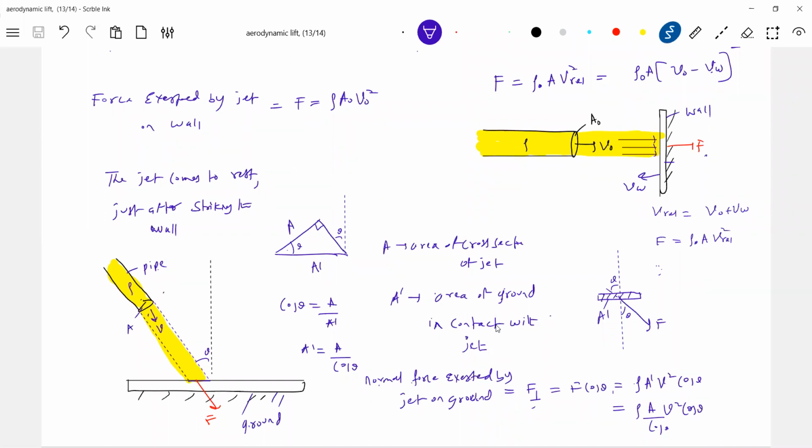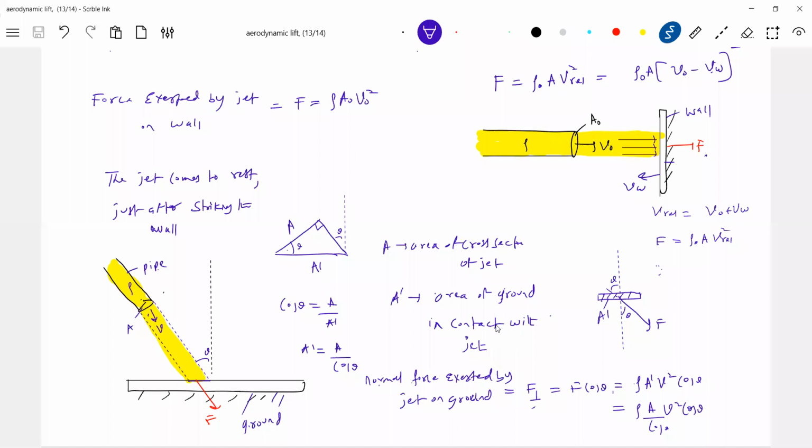Any changes? Anybody want to object? A dash is the effective area. The force will act in this direction, so I'm resolving that force. So how much will it become? Rho A V square only. The force exerted by the jet on the surface will be, or F cos theta is the horizontal force.